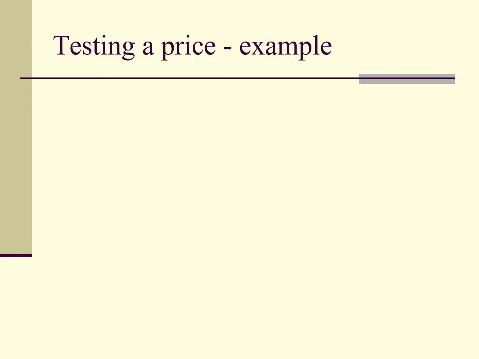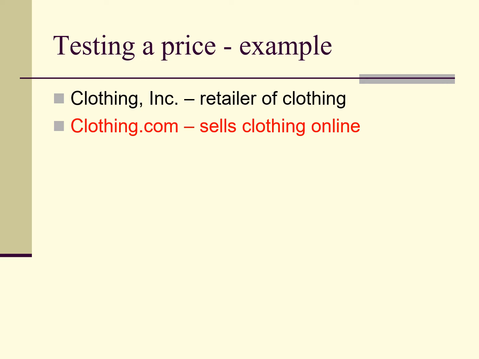In order to understand how to test a transfer price, we're going to use a simple example. In this example, Clothing Inc. is a U.S. retailer of clothing. Clothing Inc. forms Clothing.com, a Cayman Islands corporation, which will sell clothing to customers from its website.